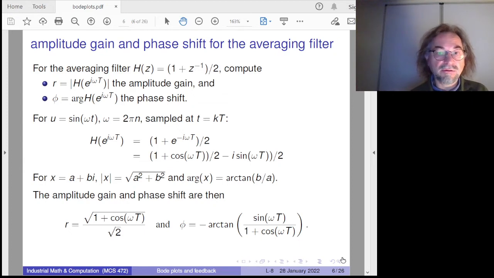And the angle, or the argument, we get from the inverse tangent of the imaginary part over the real part. So here they are, our two quantities: the amplitude gain, a positive number, and our phase shift. This is an example of the theorem.